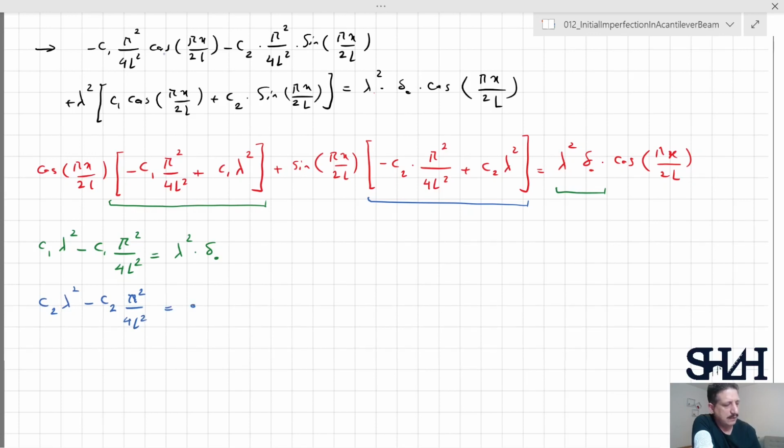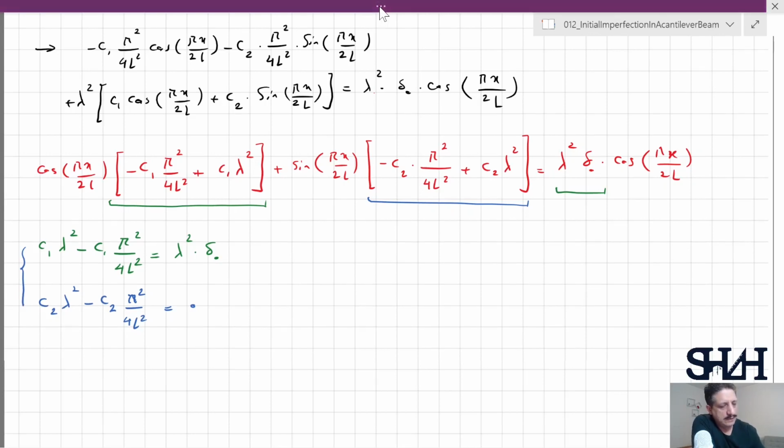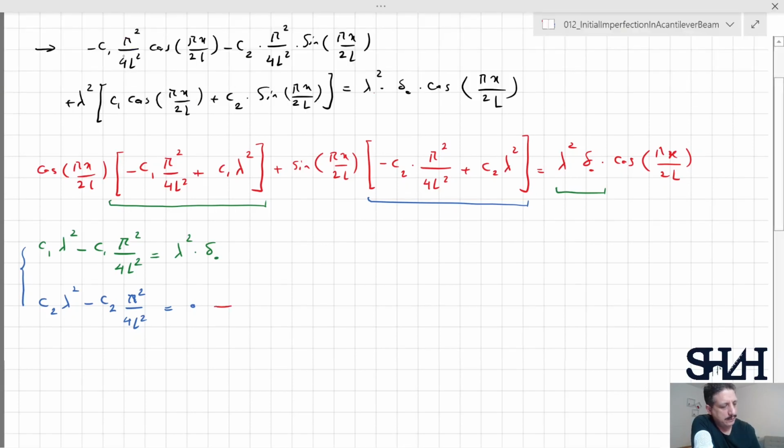We do not have any sinus, so it will be 0. From the second equation, we can have c2 equals 0, or lambda square will be pi square divided by 4l square. From the first one, c1 can be written as lambda square delta 0 divided by lambda square minus pi square divided by 4l square.